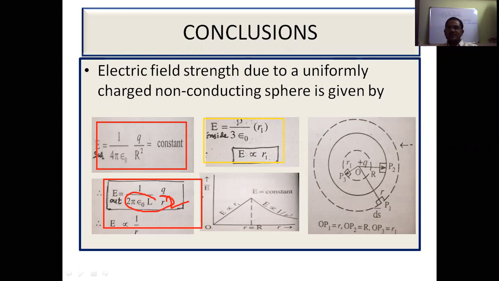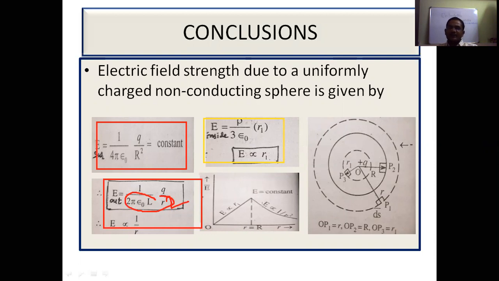Since rho is constant, because we are saying a uniformly charged non-conducting sphere, the charge per unit volume at every point is constant throughout the volume. So E is directly proportional to r1. Therefore, electric field strength increases linearly as we move from center to the surface.